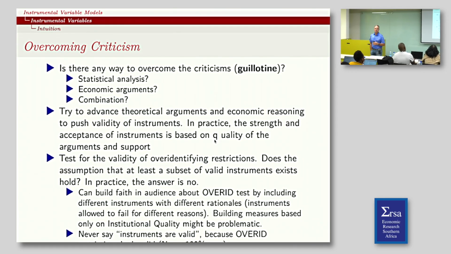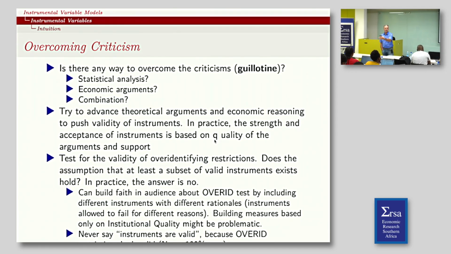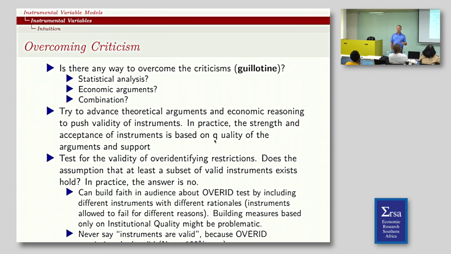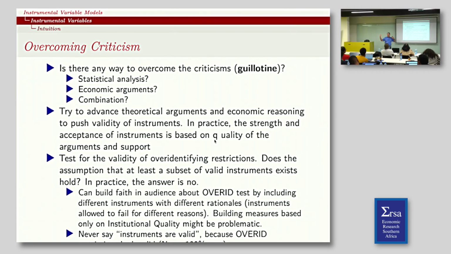You might convince an audience here that this is perfectly plausible, but then you go somewhere else and you might not convince the audience that the same story is plausible. Everybody has different views of how the world operates, so you're not going to convince every person of the same thing. All you can do is try your best.